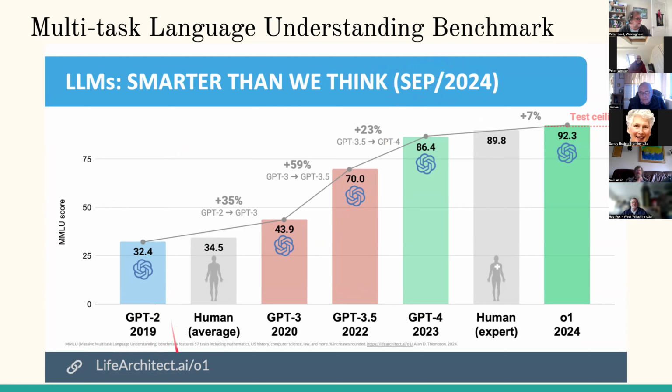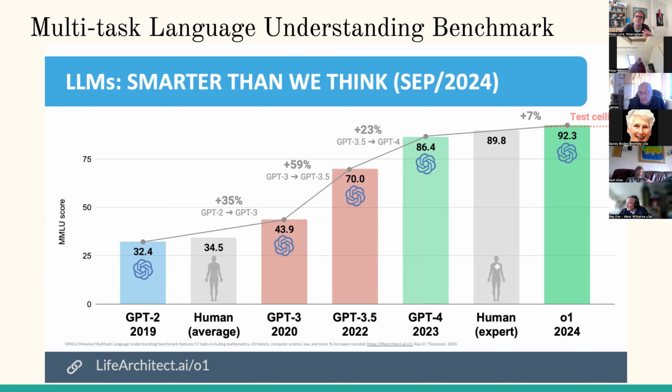So this is GPT-2, going back to 2019. For this particular test, the Massive Multitask Language Understanding benchmark, GPT-2 got 32% correct. The average in the world is about 35%. If you look at people's IQ, I don't know if you know this, but the average IQ of the entire population is set to be 100.